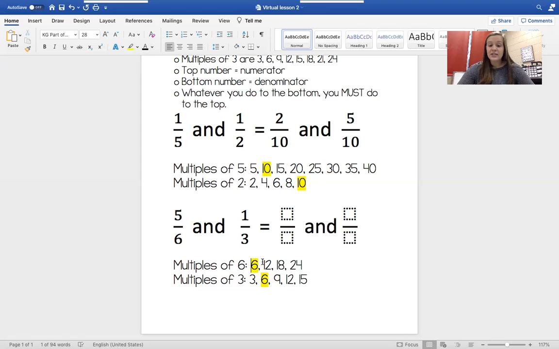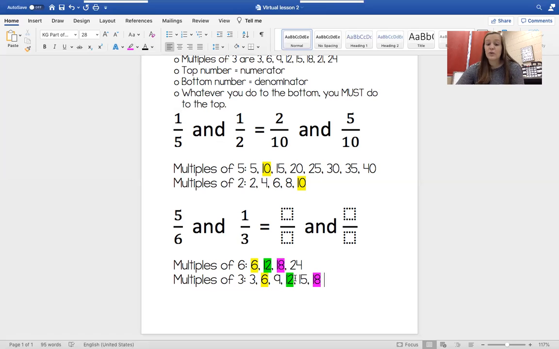If you pay attention, there are other multiples that they have in common as well. And if I would have kept going on 3, they would have had another multiple in common. However, because we want our fractions in simplest form, we want the least common multiple.